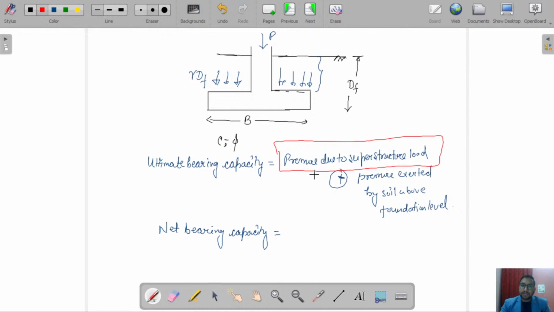So the maximum pressure which soil can bear due to the load transferred by the column to the foundation, that is our net bearing capacity: the pressure due to superstructure load.